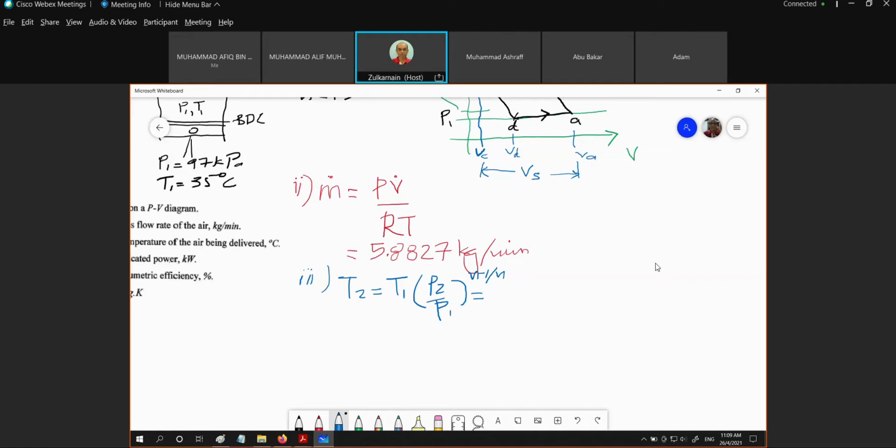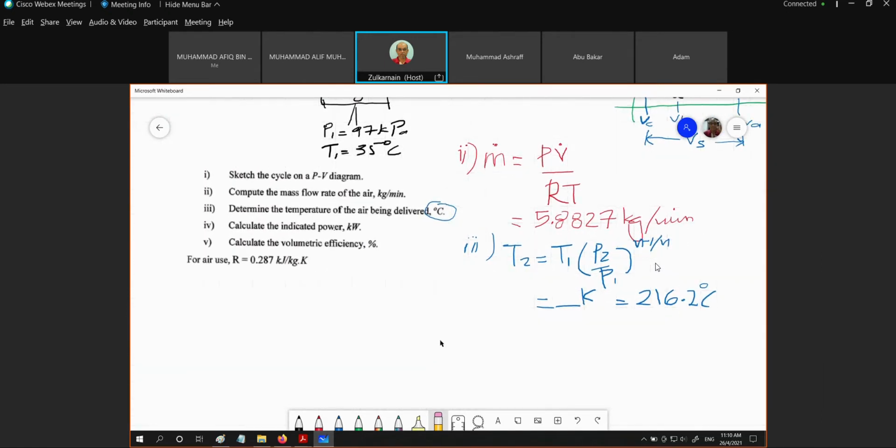Firstly you will get the answer in Kelvin, and then you convert to degrees Celsius, so you get 216.2. From this formula you get Kelvin, then you convert to Celsius because the question asks for Celsius. Please always put the unit that is being asked.